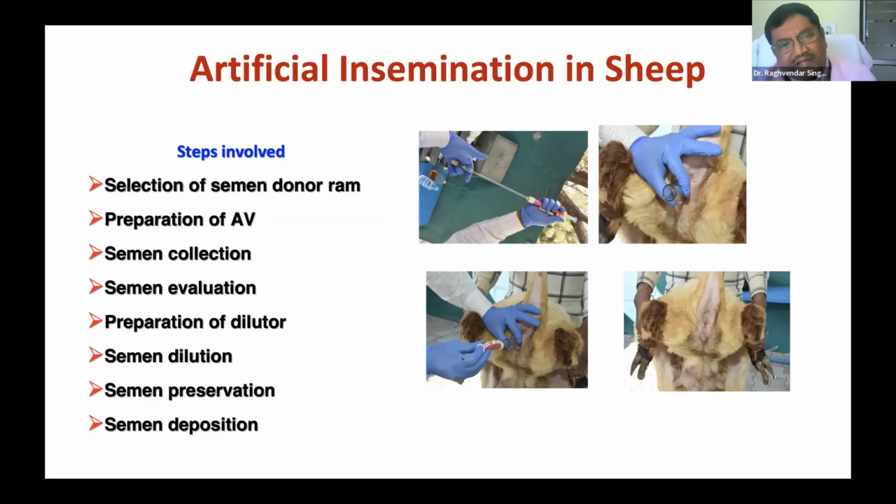We can go for natural mating also, but that may not be feasible or economical. Then we prepare the AI, and all of this is done in our lab only. Then there is semen dilution, preservation, and development. This part goes to the field. We go in the morning or evening to the concerned field area, and then we deposit the semen on the uterus side, and then this course of the technology is completed.